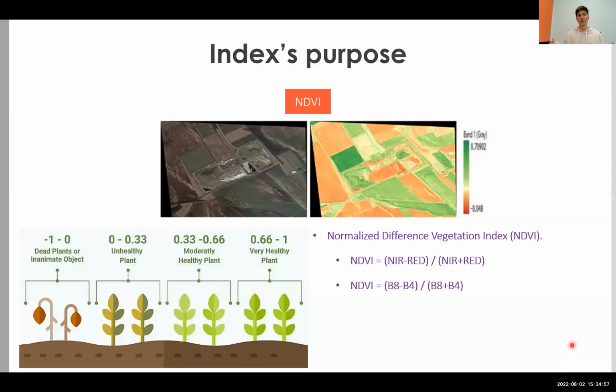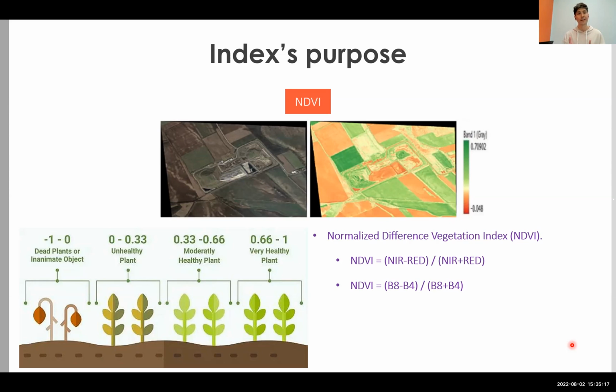So how does this work? Basically, and I'm going to talk only about NDVI, it is when the remote sensing captures the reflection, and we can correlate the vegetation state with the values that we receive in the satellite.